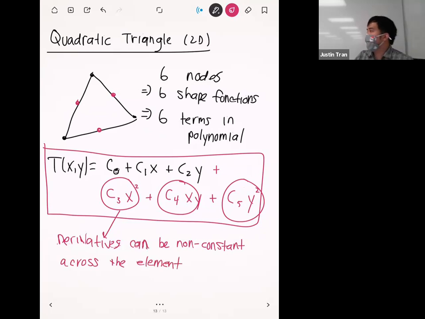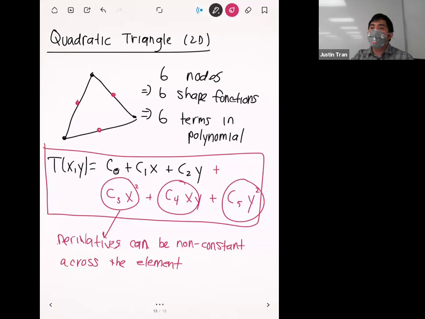So if you have a particularly challenging geometry where you can't put a hexahedral mesh or a quadrilateral mesh on it, then you can use a quadratic triangle or a quadratic tetrahedron, and you're still going to be okay.